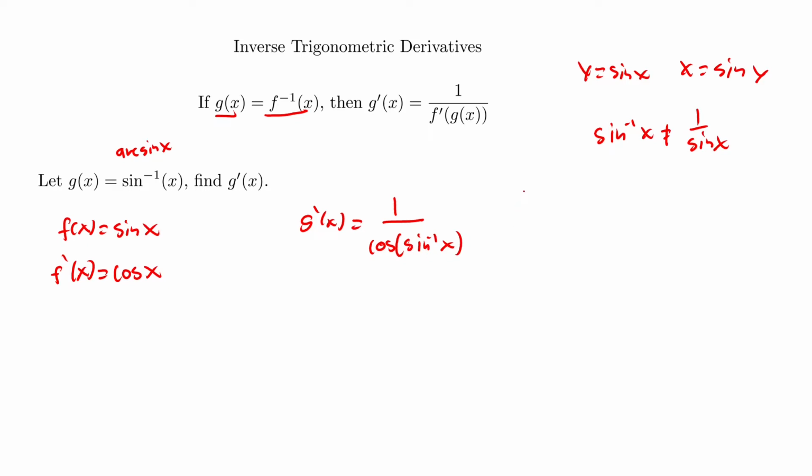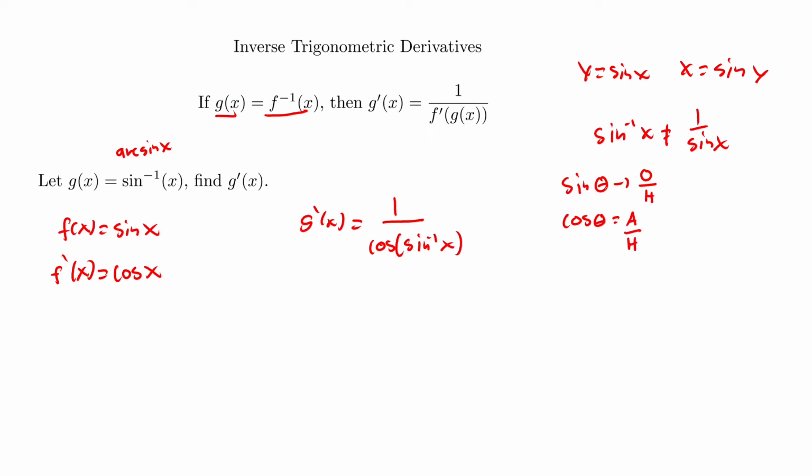If you remember the way trig functions work, if I take the sine of an angle, that gives me the opposite over the hypotenuse. The cosine of an angle gives me the adjacent over the hypotenuse.